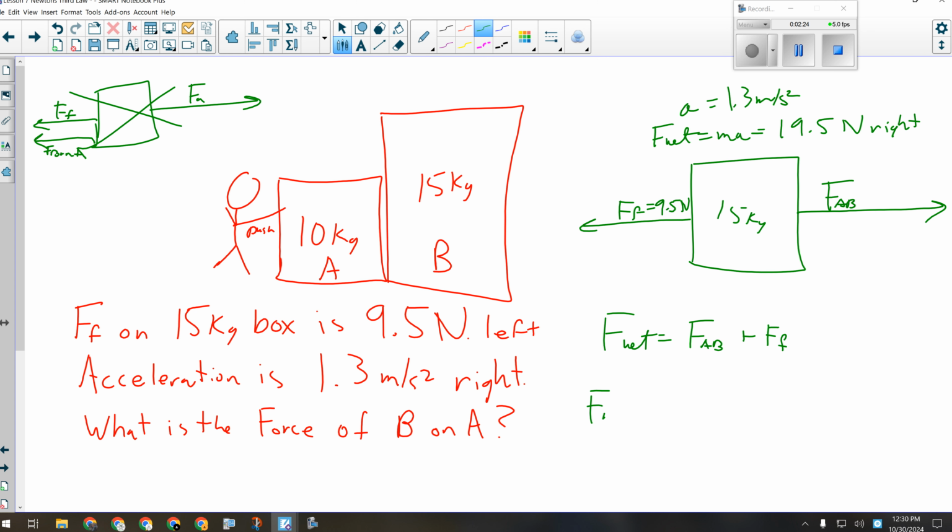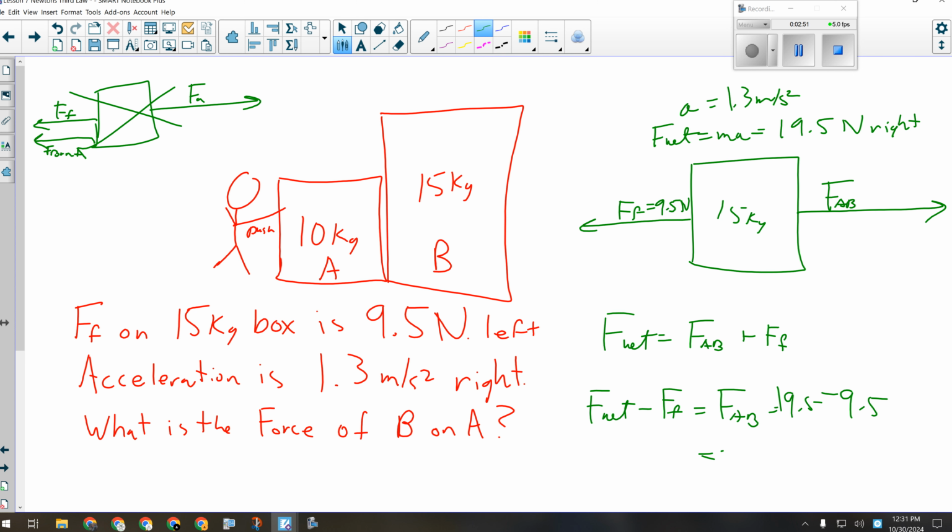So I'll have F net minus force of friction equals FAB, and that's going to be 19.5, minus negative 9.5, because the friction is the other way, right? When I do that, what does it come out to, 29? Yeah, rounds to 29, because we only have 2 significant digits.